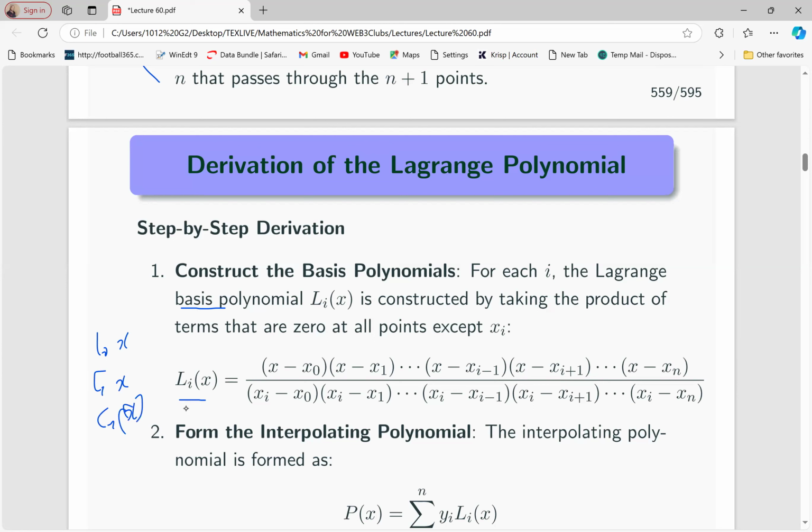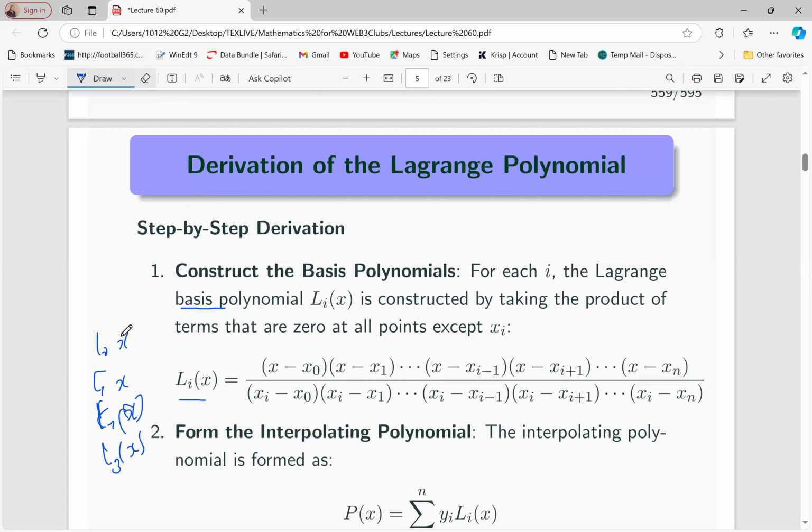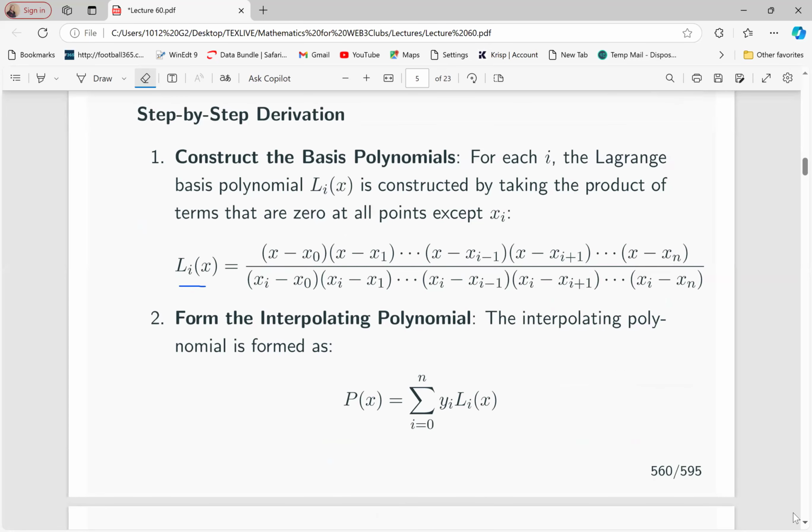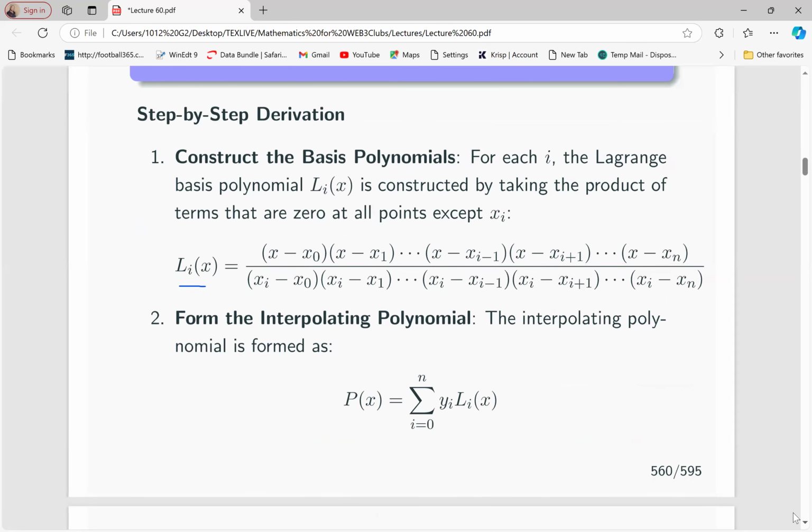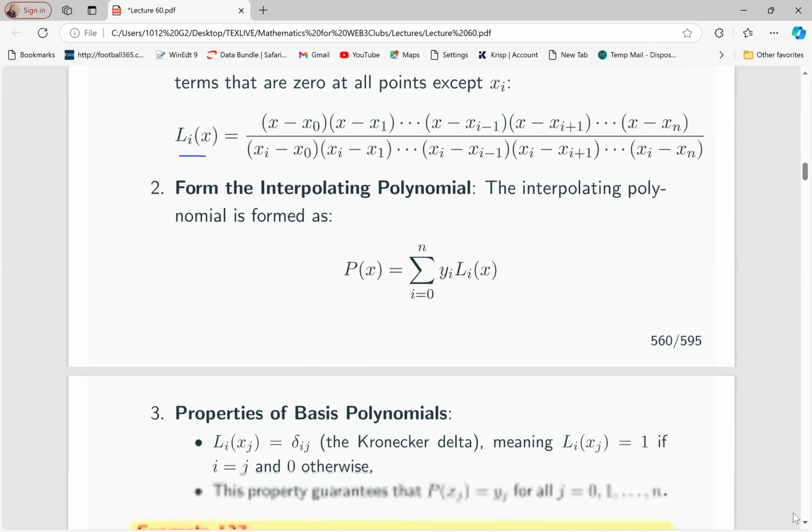If you have 4 points, then you are doing the extra one, which is L3 x. After calculating the Lagrange basis polynomials, we now multiply each one of them by the corresponding y value. Then after that, sum the results.